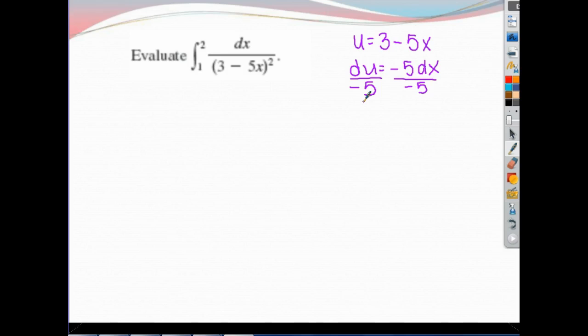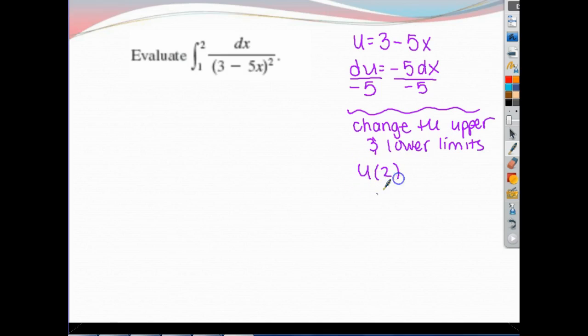What I want to do is essentially change my bounds as I do the problem. So we're going to change the upper and lower limits, and we're going to change them now when we do the u's. That means I need to know what u of 2 is and what u of 1 is.